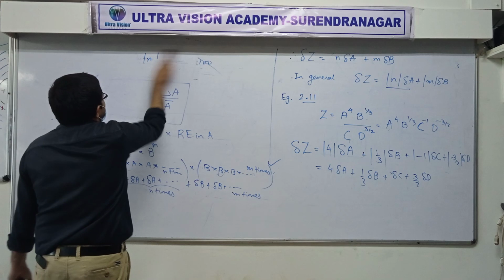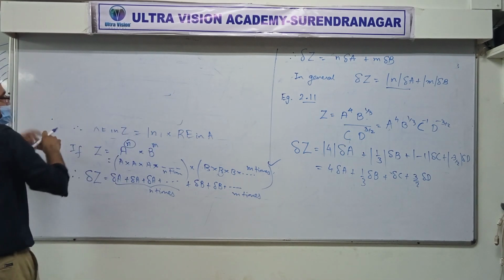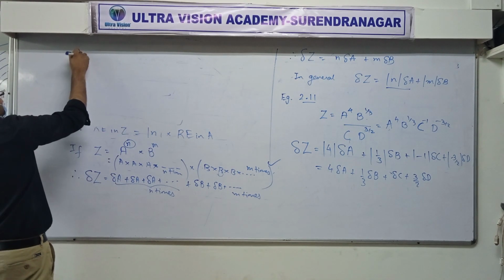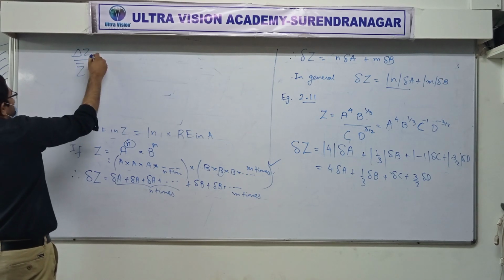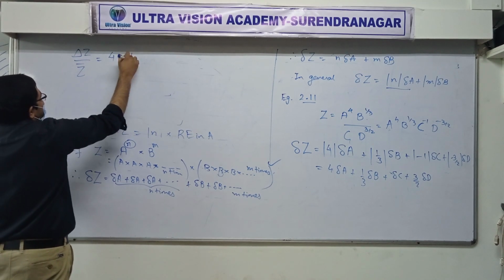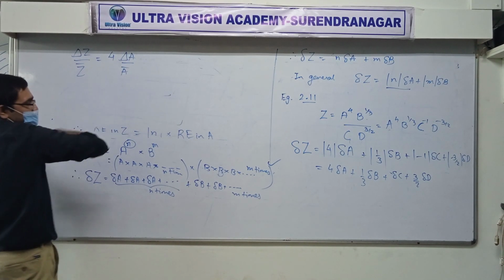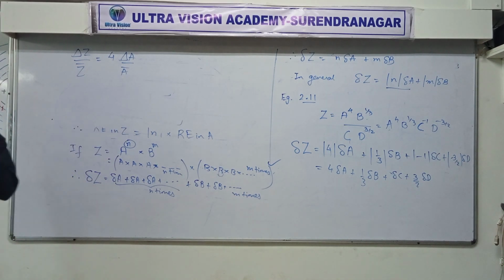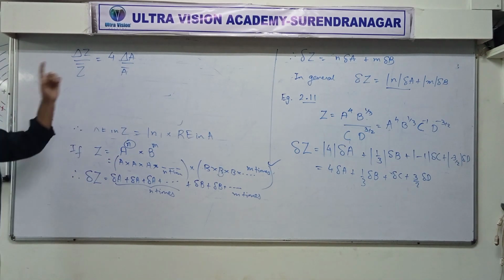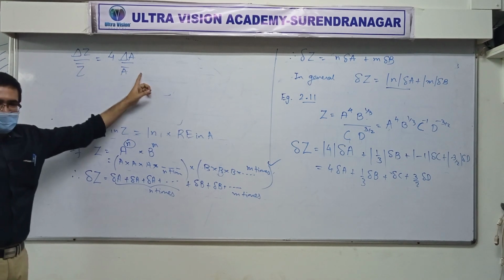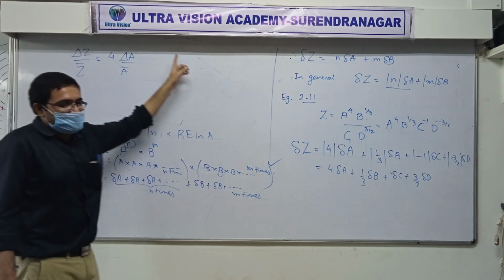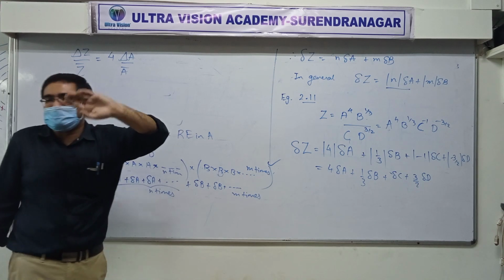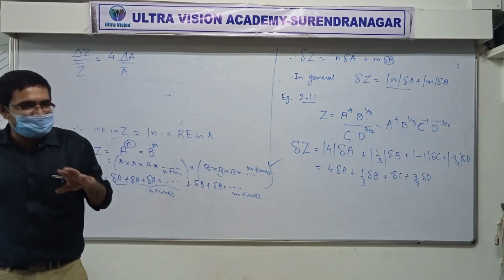Okay, and all that. Let's put in that delta z by z bar equal to 4 times delta a by a bar. Yes or no? Yes. Where is the into 100? Why am I not writing it? Because this will be into 100, this will also be into 100, the third one will also be into 100. So everywhere 100 will get multiplied. Is that okay?